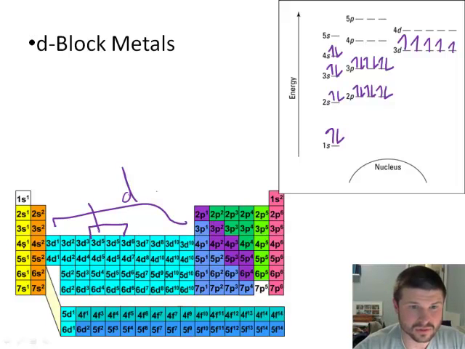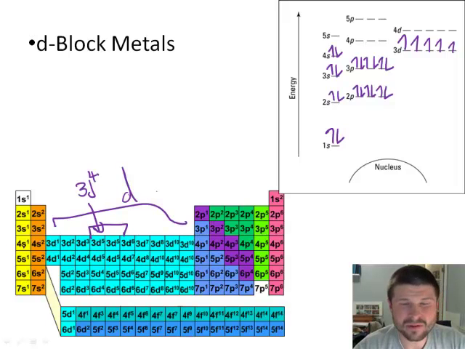So you would think this should be 3d4. However, the element right there has a configuration of 3d5. Also over here, where you would think you would find 3d9, you actually find 3d10.